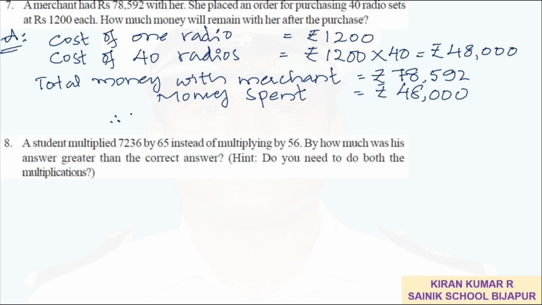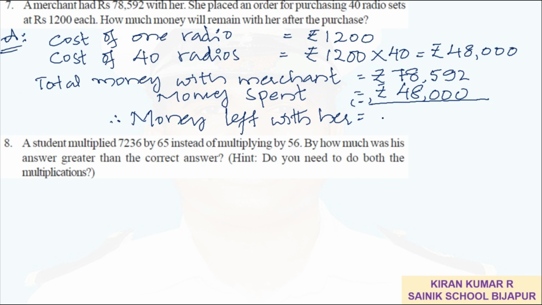Therefore, money left with her, we need to find the difference. So I need to subtract. Upon subtracting, we will be getting the amount as 30,592. So 30,592 will remain with her after the purchase.